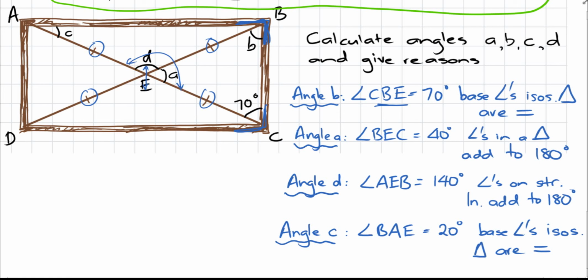So when you start getting examples like this, you want to incorporate all those basic angle rules: angles on a straight line, angles at a point, vertically opposite angles, angles inside a triangle, base angles of isosceles triangles being equal. You end up incorporating all those rules in order to solve a geometric problem. Now for higher levels, you will need to use reasons. So start getting into the habit of writing reasons after you have calculated an angle.